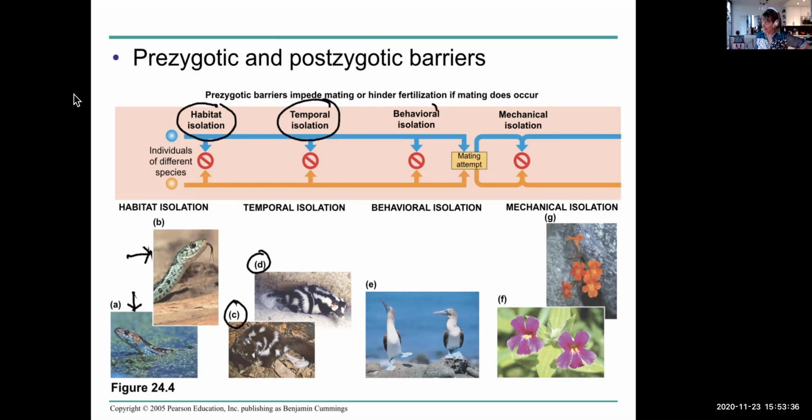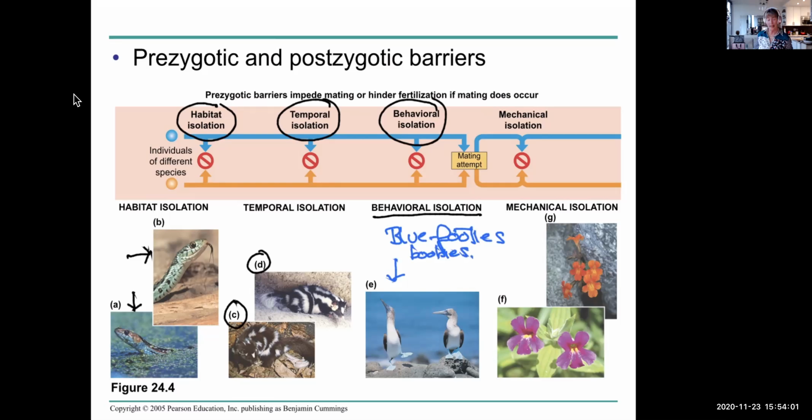Another type of isolation that prevents species from mating with each other is behavioral. These are blue-footed boobies. And they're on the Galápagos Islands. They might be elsewhere too, but I'm not sure where.